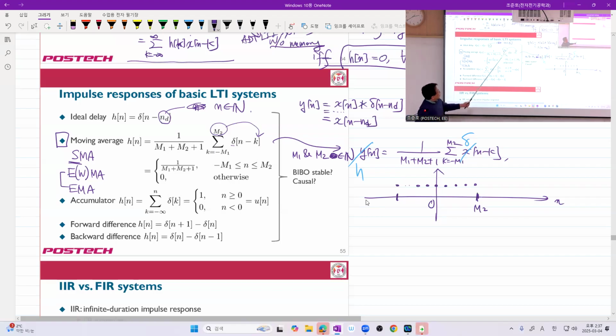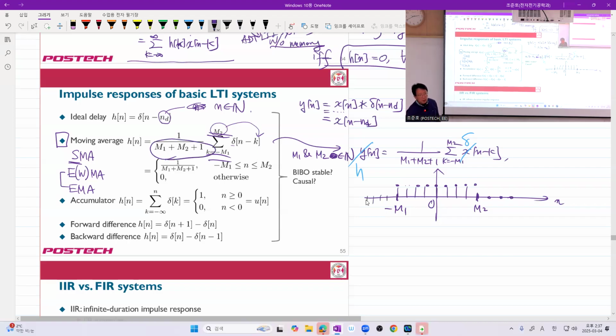And you replace k by negative M1, then you have delta of n plus M1, and find n that makes the argument 0, which means that this is negative M1. Do you get it? So substitute and find n that makes this argument 0. Then n equals M2, which is here. Okay. So between these two, you have all ones. So how many non-zeros do you have?